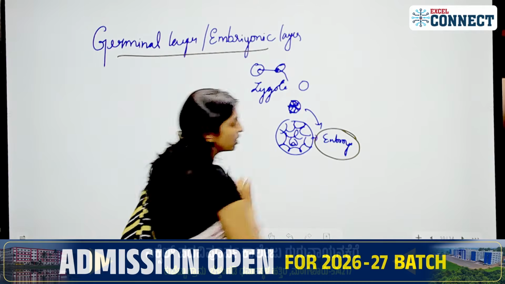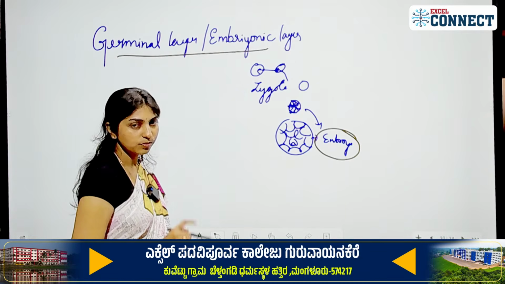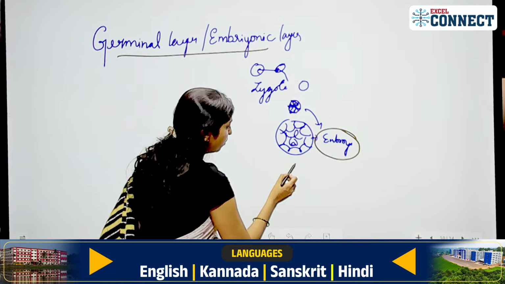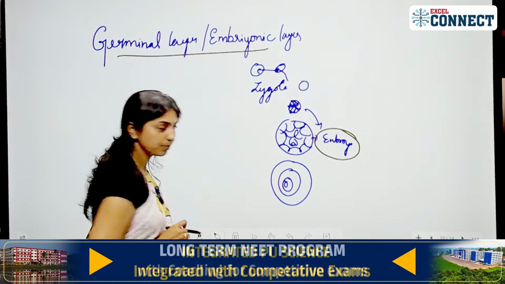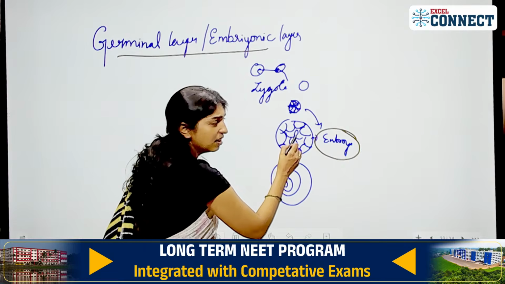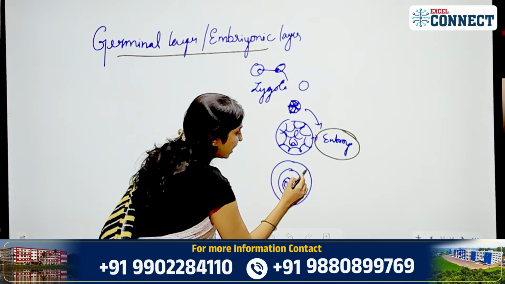During the transformation into the embryo, their cells get arranged into different layers. What happens to the cells here? After division, they get arranged into different layers.